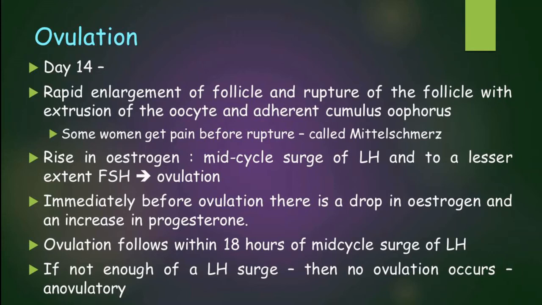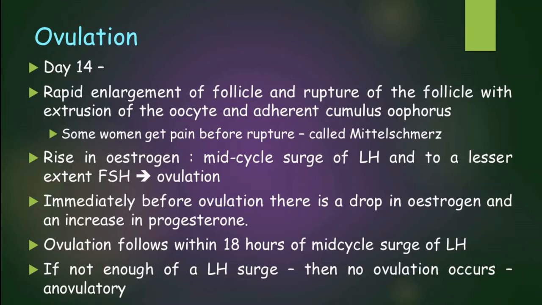The luteinizing hormone will increase during this period, and once it increases, ovulation follows within 18 hours. If you do not have the required LH surge, then the ovulation process is inhibited, and this is called the anovulatory phase.